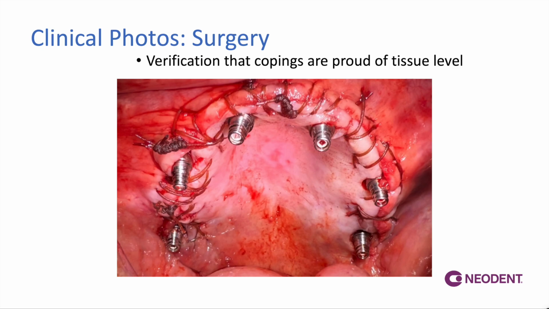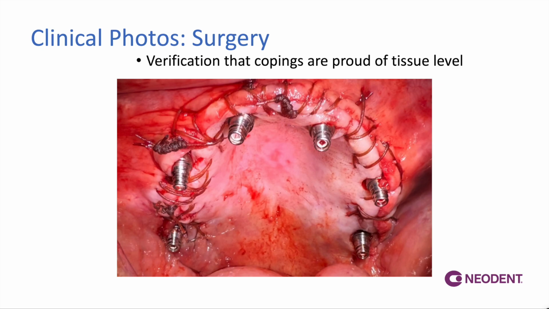The other pearl here that we can see in our case is that we can see all of the Neoconvert copings. If we cannot see the Neoconvert copings, it is highly likely that they will not pick up when we go to add our acrylic to capture this.